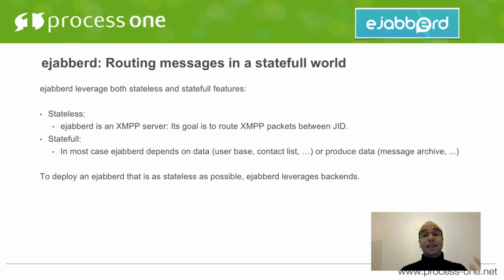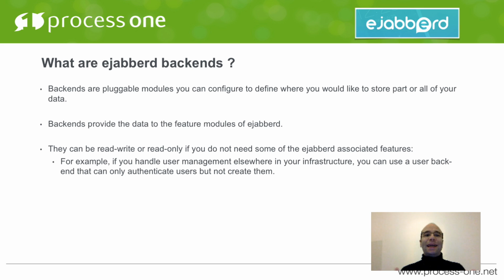But ejabberd also needs to use data, and to use that data we leverage backends. And that's what backends are for. It's a way to access data, to read data, or to write data. So backends are pluggable modules.